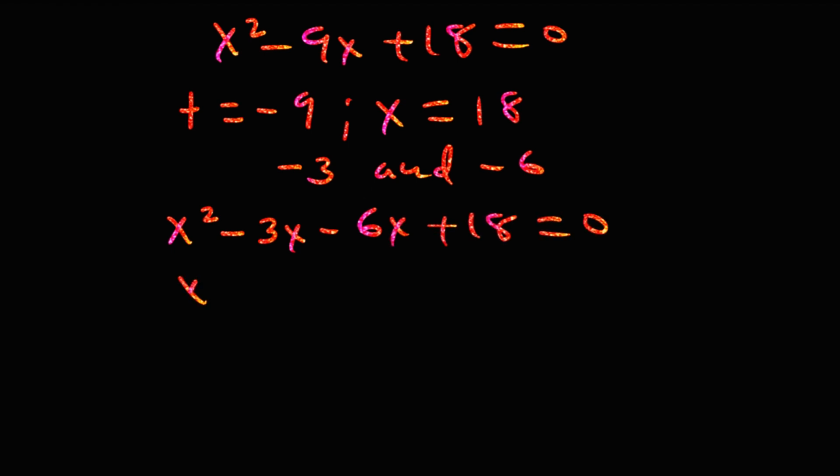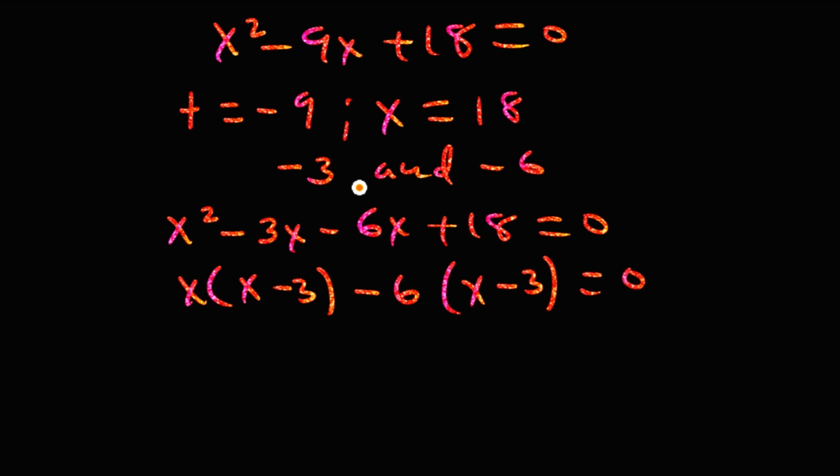For the first pair, the common factor is x, so we have x times (x minus 3). For the second pair, the common factor is negative 6, so we have negative 6 times (x minus 3), and that's equal to 0. We take the ones out of the bracket, that is x and negative 6, and the ones inside the bracket, and that's equal to 0.